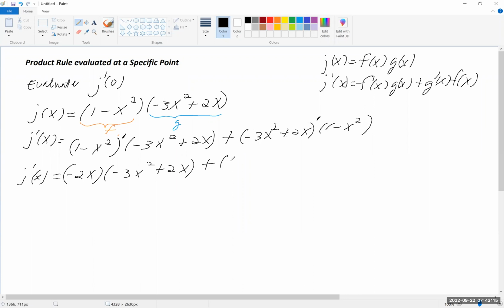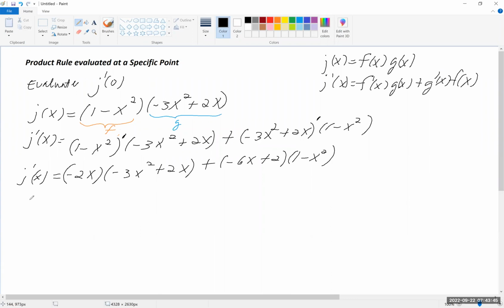So this is going to be minus 6x plus 2. And then we just take a quick look just to make sure that everything looks correct. And I think we're on the right track.